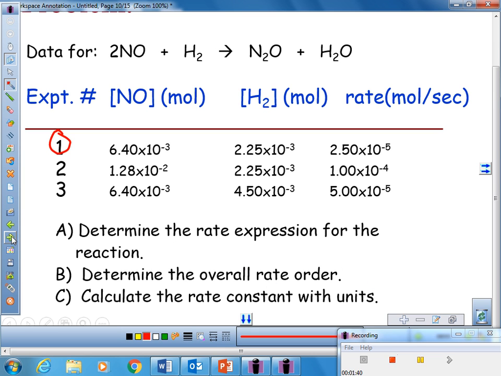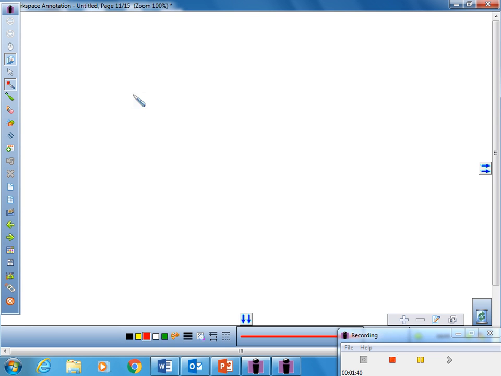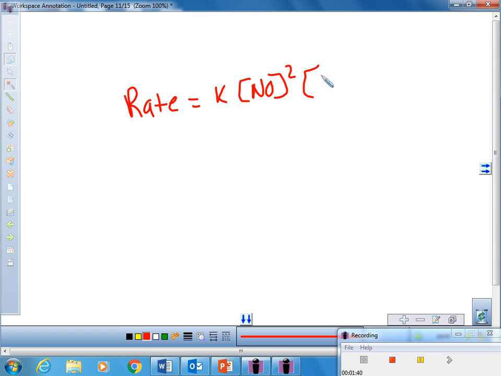And so I've got that one going on a blank page here. So we've got rate equals K, and it was NO to the second and H2 to the first. And so if we pick that first one, moles per second equals K, and then we've got the moles of this.